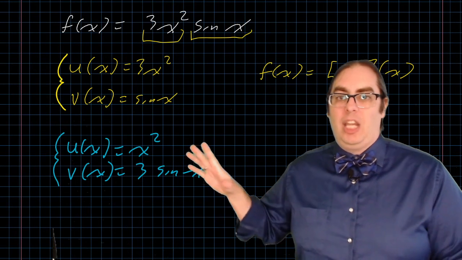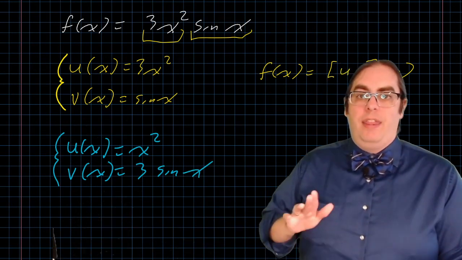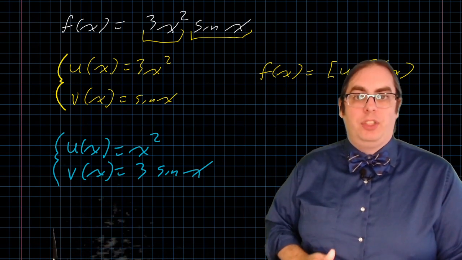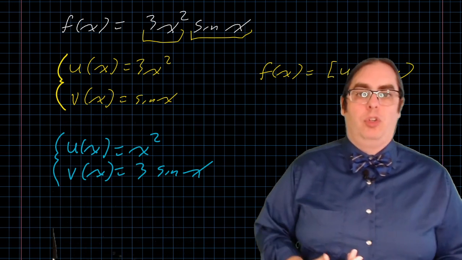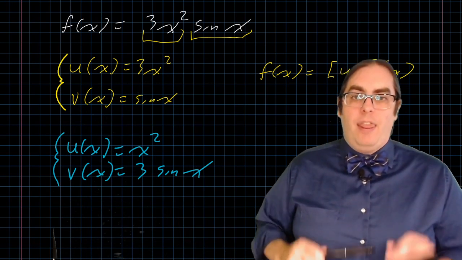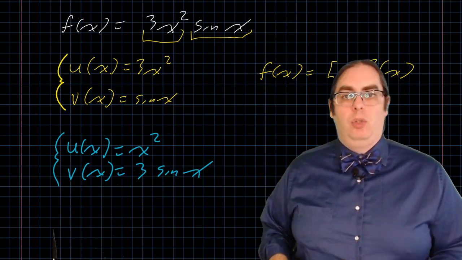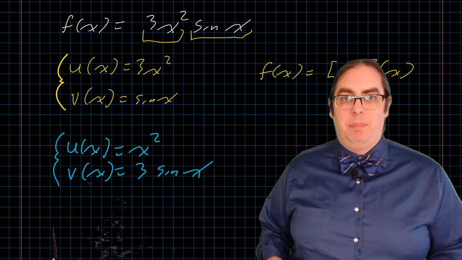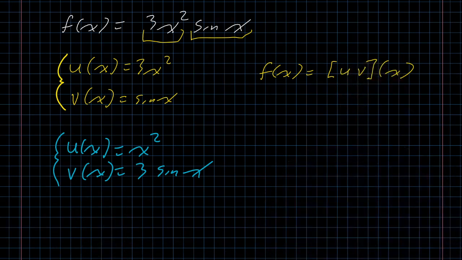If I can take a complicated function and turn it into simpler functions, then I can work with these simpler functions on their own, and I can learn some rules for combining the results for the simpler functions to get the more complicated function. That's the big idea. That is a skill that we are going to use in just about every example for this entire course. So multiplying is one of the options. It's certainly not the only one.